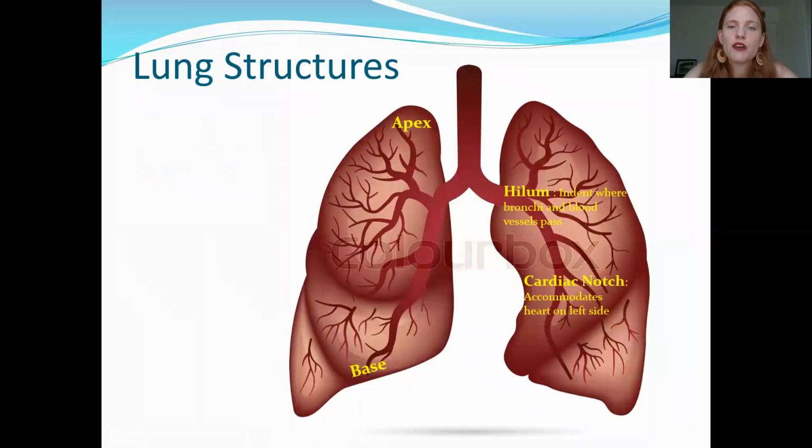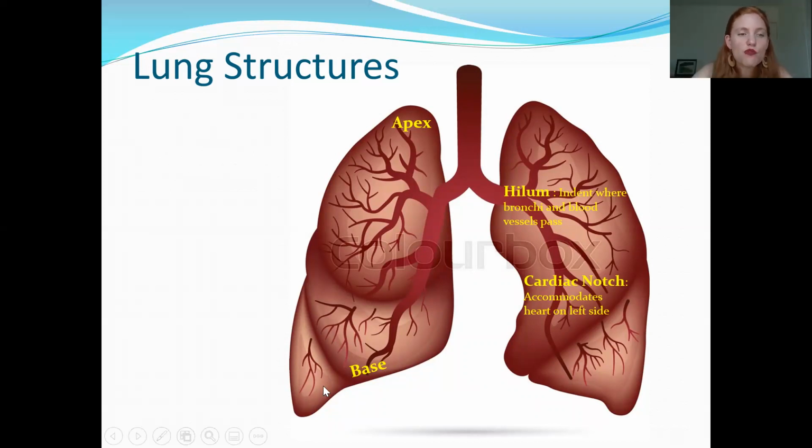Okay, then we also have some more different structures. The lungs make a little bit of a pyramid shape, and anytime you have any organ, we've seen it with the heart already, where you have a pointy side and a flatter side that makes like a triangle shape, the pointy side at the top is going to be the apex, and then the flatter part at the bottom is going to be the base.